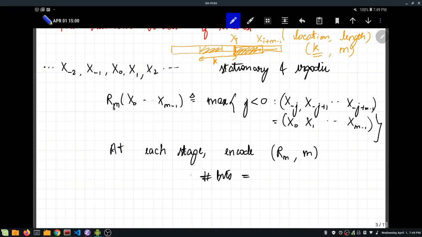What you want is the following. How far behind do you have to look in order to find a match? Basically, if I have x0 to x m minus 1, then what is the closest j such that x minus j plus 1 up to x minus j plus m minus 1 is equal to x0, x1 through x m minus 1?